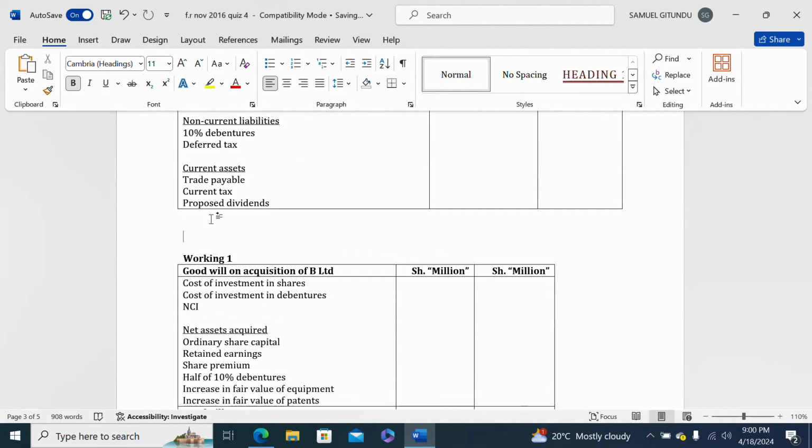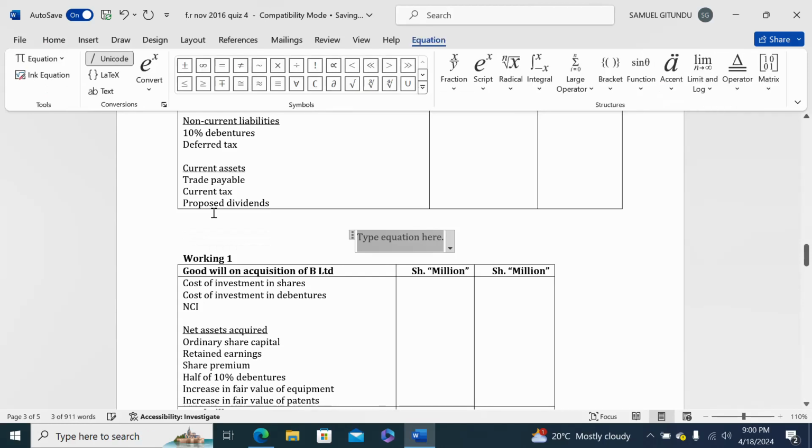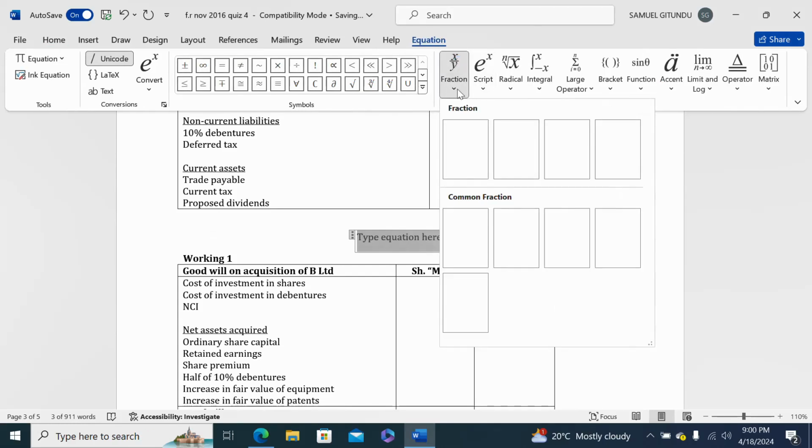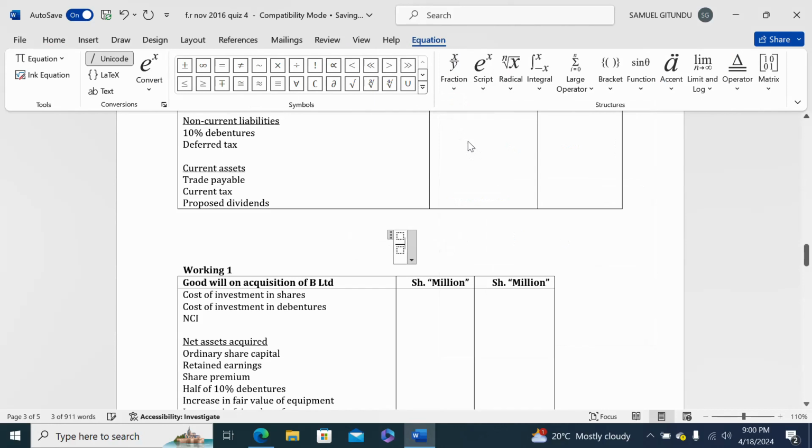It acquired 16 million out of 20 million shares, because the shares have a par value of shillings 10.